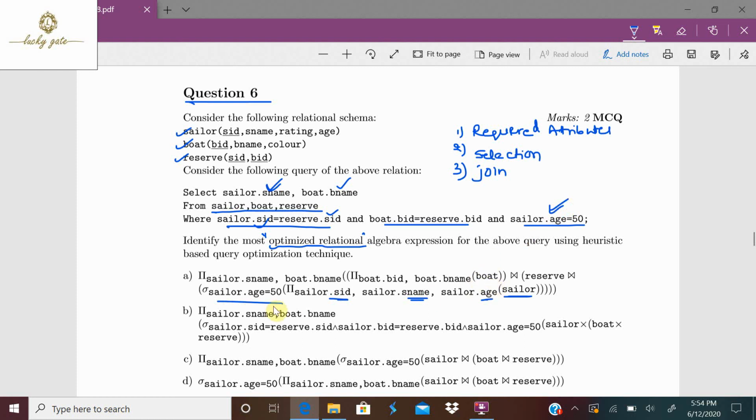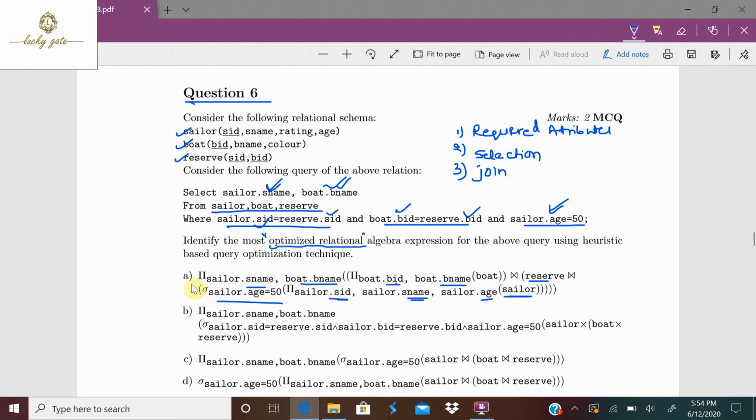This is correct. Now this table is joined with reserves. That result is joined with the boats table. In the boats table, only boat name and boat ID are selected, because boat name is required in the output and boat ID is required for writing the join conditions. And finally, it is projecting boat name and sailor name in the output.